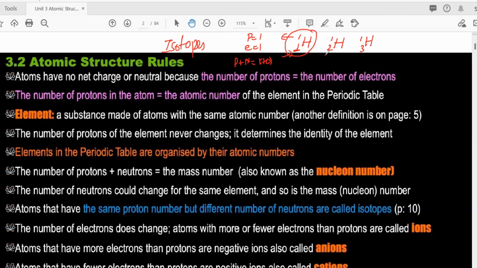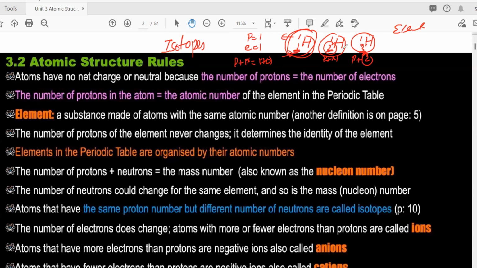The second one has one proton plus one neutron, so it is 2. The other one has one proton, two neutrons, that's 3. So all are hydrogen atoms. They belong to which element? Hydrogen. But they have different mass numbers: mass number 1, mass number 2, mass number 3.